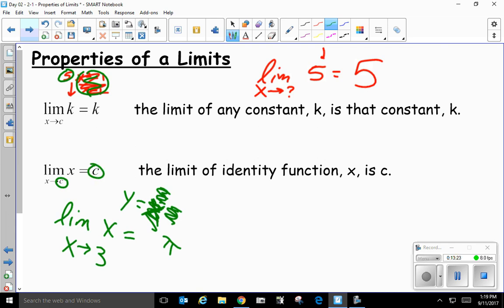All right? It's the simple stuff. It's worded weird. So that's the y. Or instead of y, they can say f of x. Not crazy.